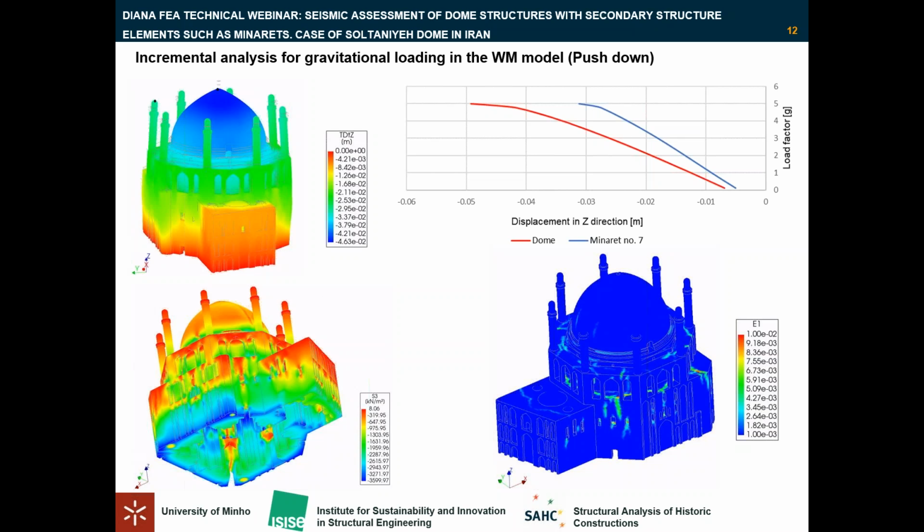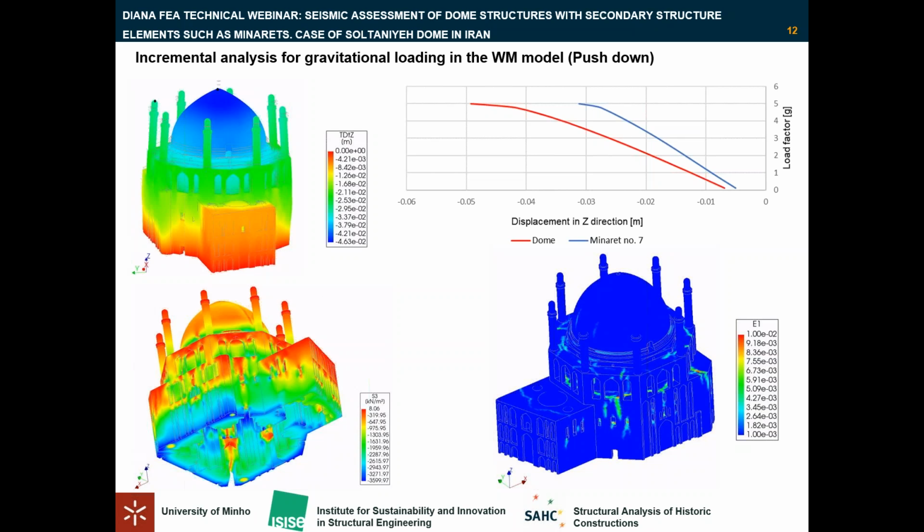In order to understand the damage condition of the structure and evaluate its stability, a nonlinear analysis for incremental gravitational loading was conducted. The first load step considered the total self-weight of the structure. In the subsequent step, the gravity load was incrementally applied to the structure to assess the vertical loading capacity of the building.